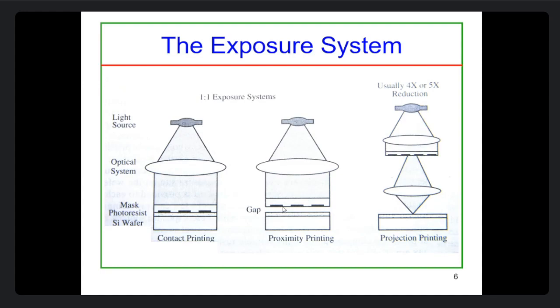But anyway, technically you should understand that in the first two cases, that is contact and proximity printing, this hard copy of the image, the output of the circuit designers, contains the pattern for the entire wafer.